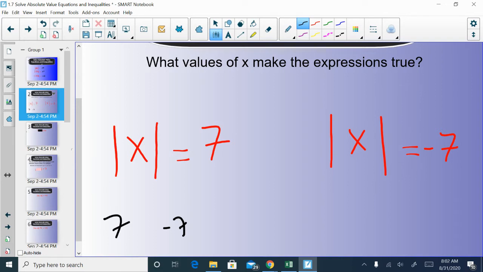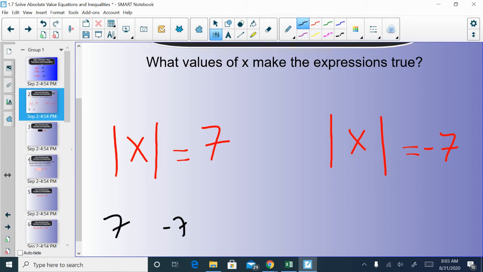Well, I have another question over here. What value of x would make the absolute value equal to negative 7? Hopefully you're tracking with me and you see that this is an impossibility. There is no number that when you take the absolute value of it, you would get negative 7, because absolute value basically means make the number positive.